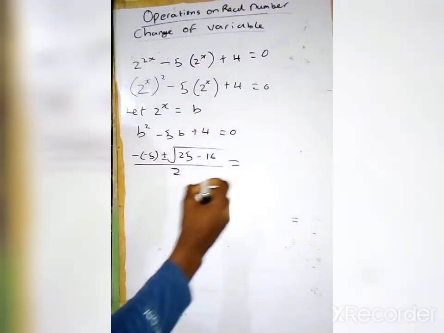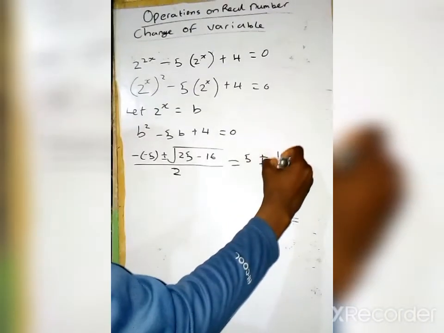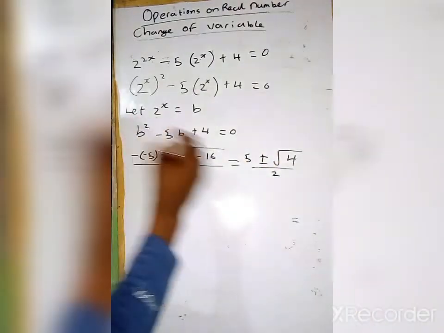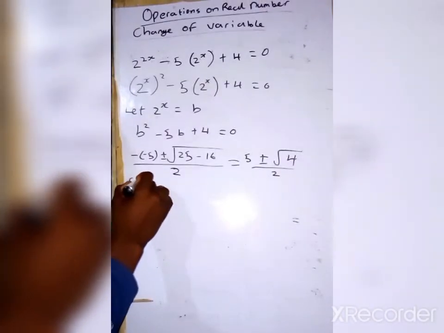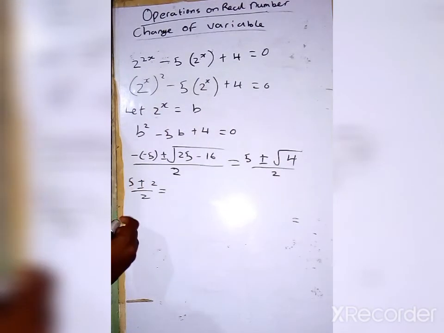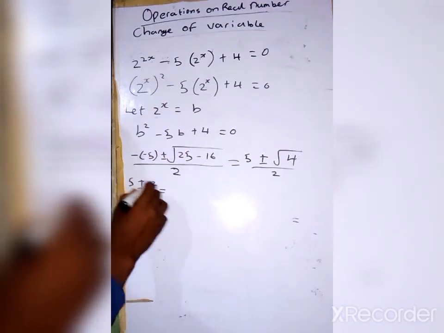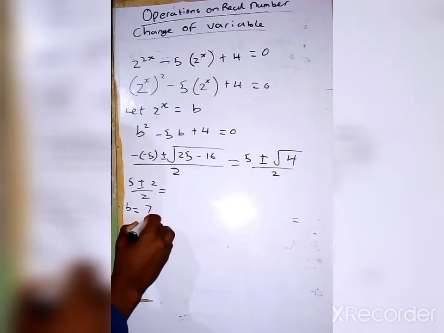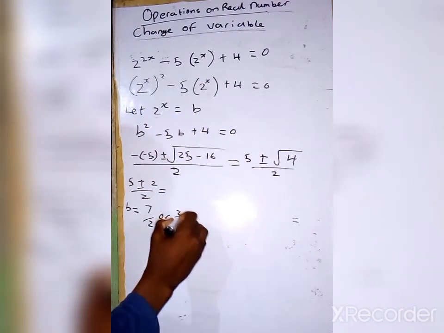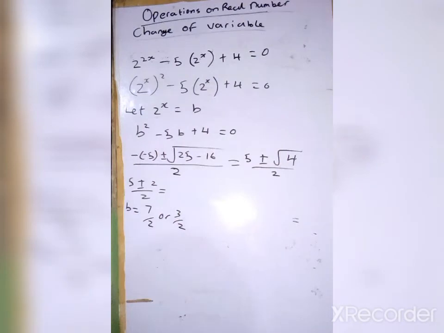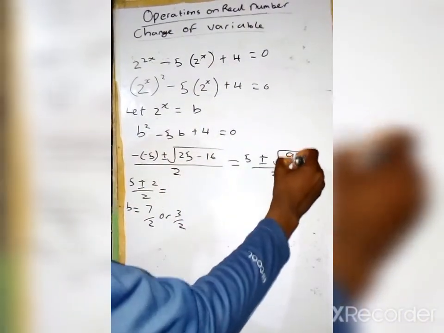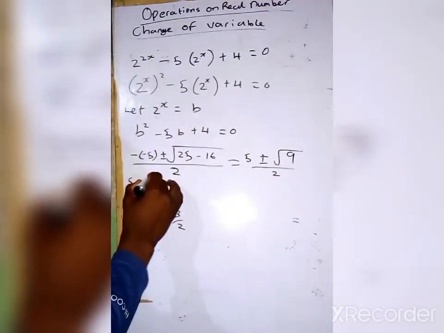Sorry, 25 minus this, we have 9. The square root of 9 is 3.